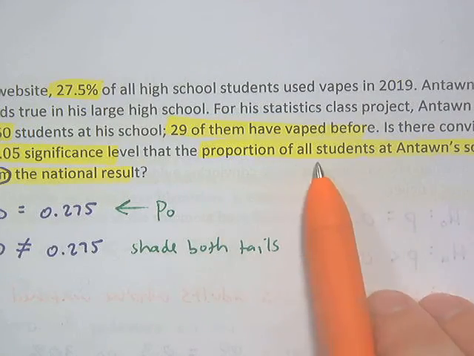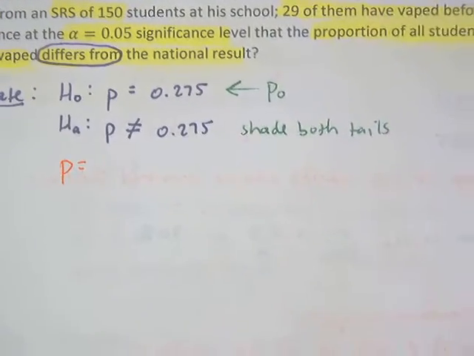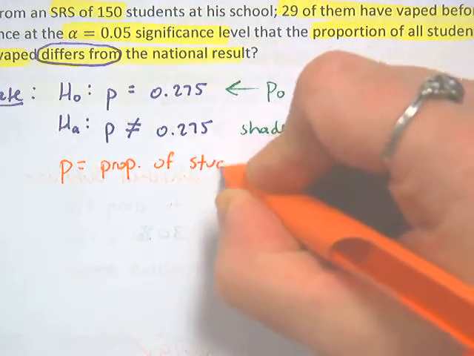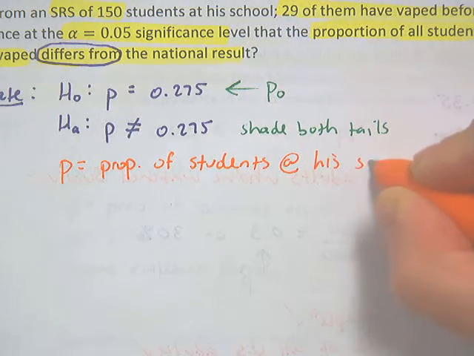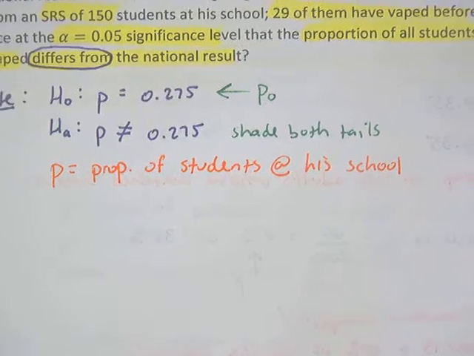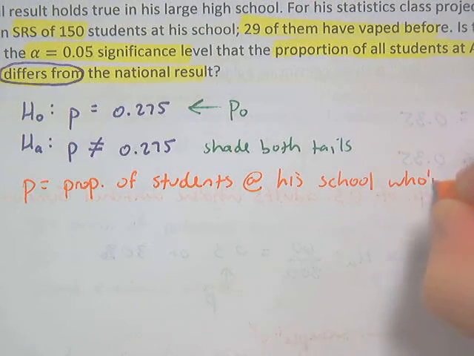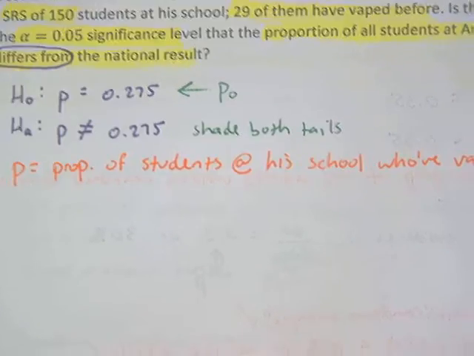It's the proportion of all students at his school who have vaped. Specifically students at his school, that's our population. It's not all U.S. teens or anything like that.